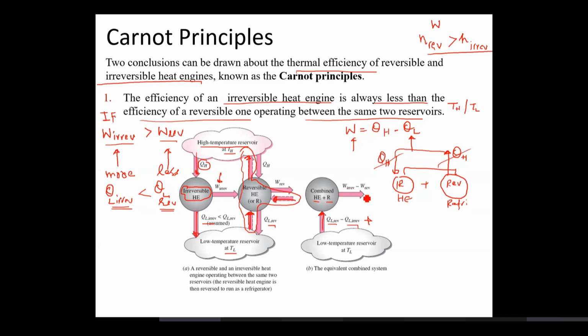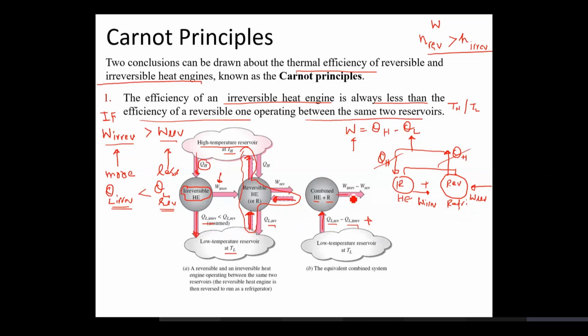Yes, sir. Now, the irreversible heat engine is producing work out, work irreversible, and for the reversible refrigerator there is work in, work reversible. What would be the net effect if we combine the two? Which is more? Sir, irreversible is more.